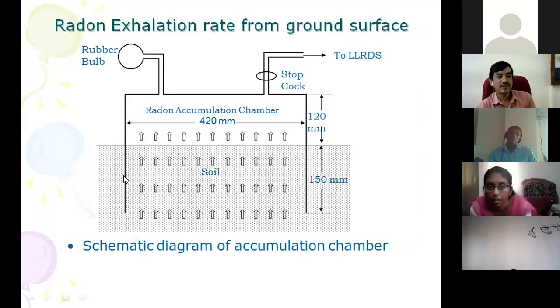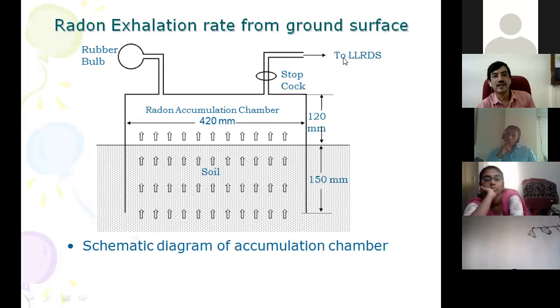A part of the cylinder is buried inside the soil, and a part is in the atmosphere. Radon exhaled is accumulated in this chamber, and we use a rubber bulb to mix the air before collecting. This other opening can be connected to the radon counting system.